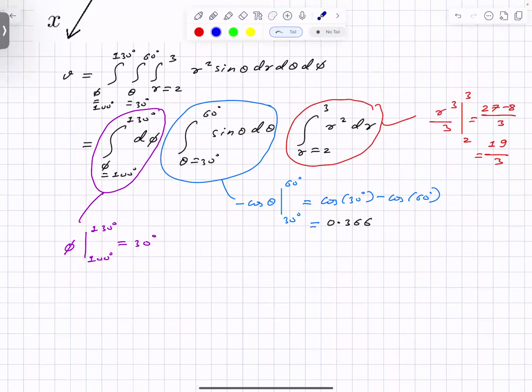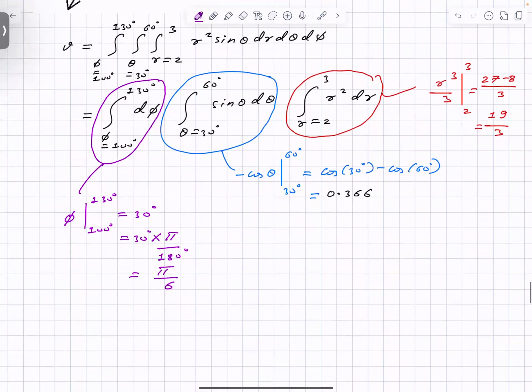So before we combine the three integrals, we convert this to radians. We're going to write it as 30 times pi by 180 equals pi by 6. And only after that can we get the volume by multiplying the three things that we have.